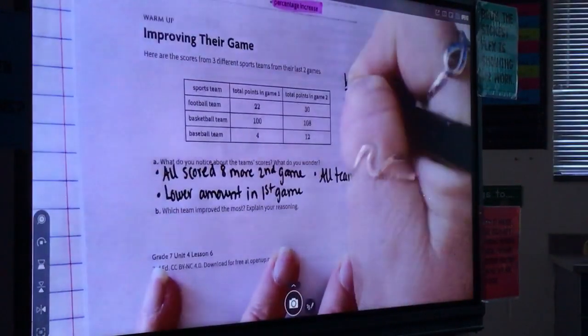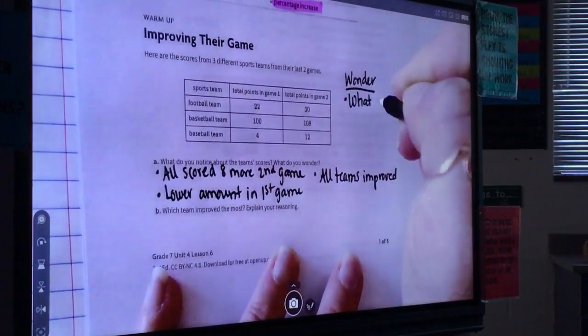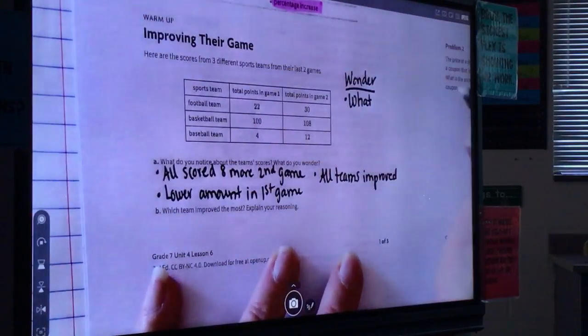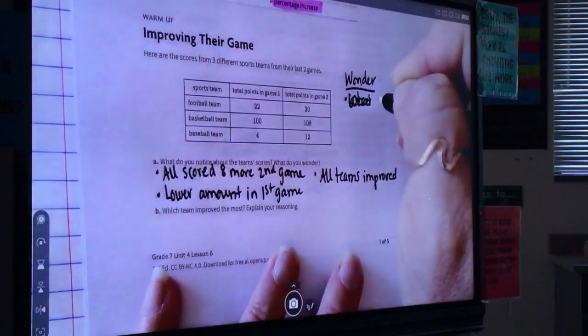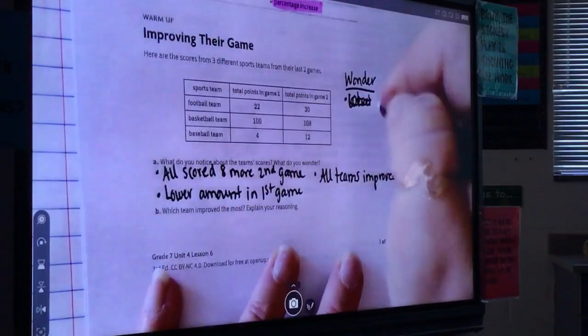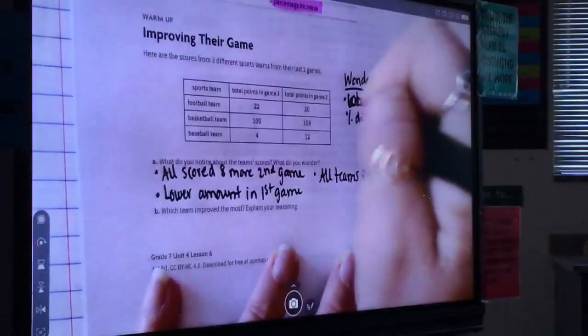Okay, say your question again? How much did each team get better by percent? What percent did they improve?